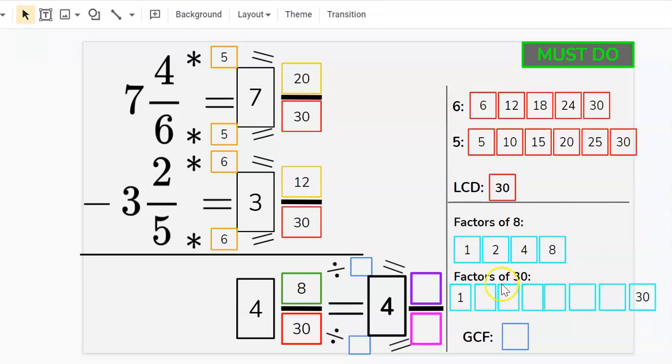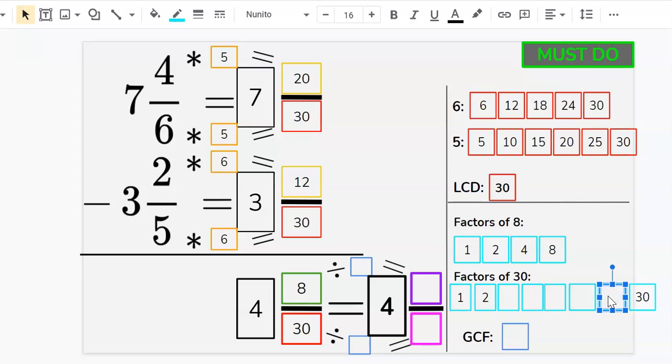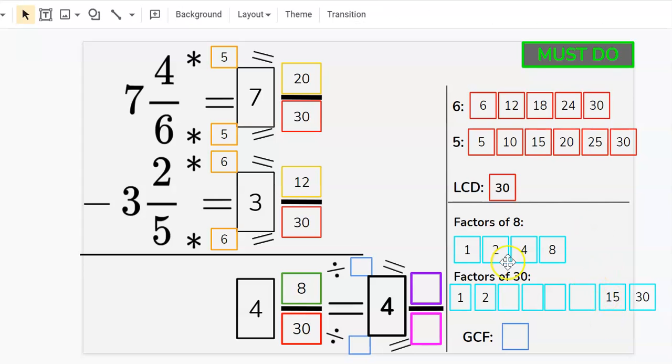Then I do the same thing where I look in the ones place. There's a 0 in the ones place. That means 2 is a factor. And I either need to count by 2's until I get to 30, or do 30 divided by 2 to see what it is. 30 divided by 2 is 15. So 15 and 2, if we were doing our factor rainbow, these two would match. Then I say, is 3 a factor?